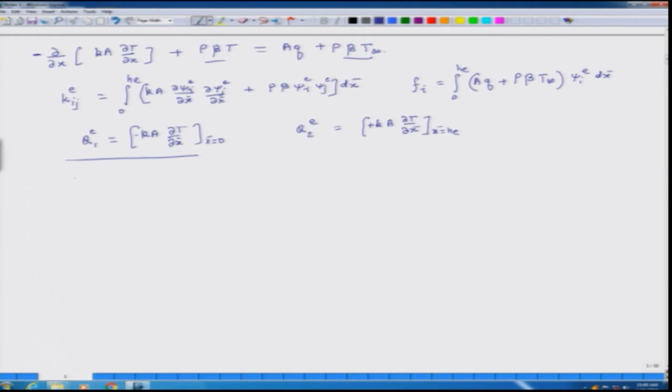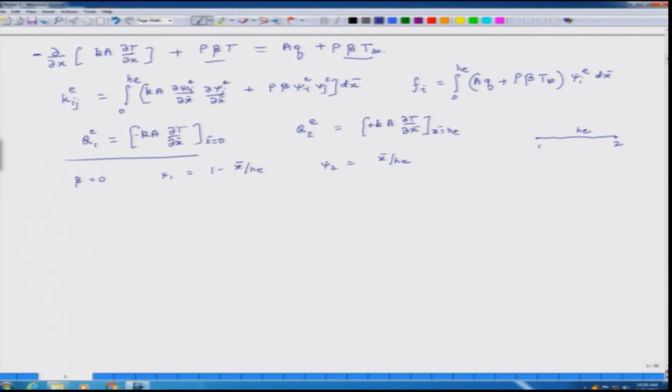So, in that case, let us assume that beta equals 0, and then we have seen that if it is a 2 noded element, this is node 1, node 2, length of the element is He, then my approximation function psi 1 equals 1 minus X bar over He, and psi 2 is equal to X bar over He.